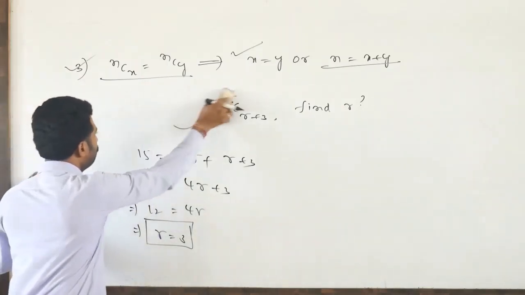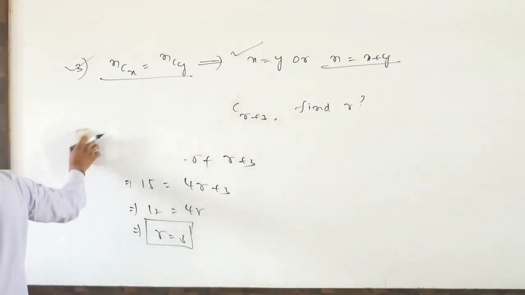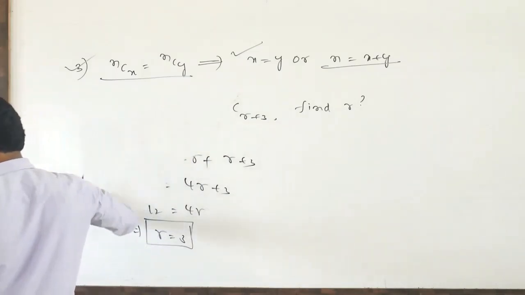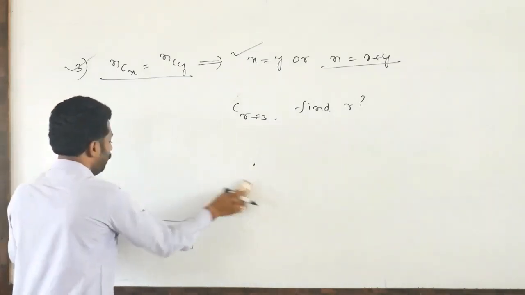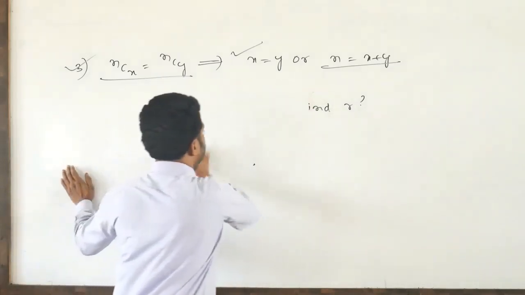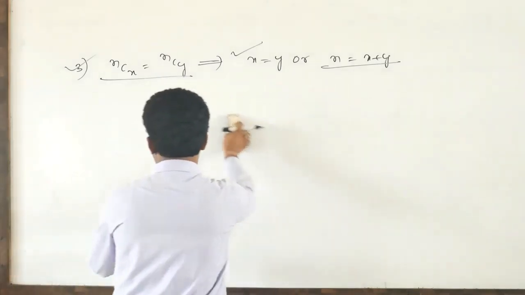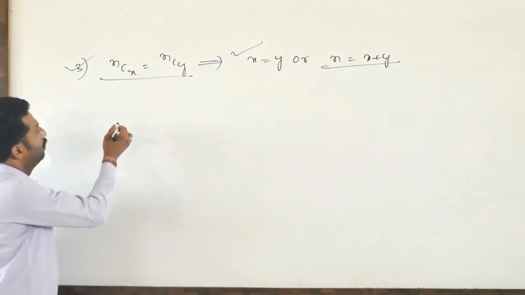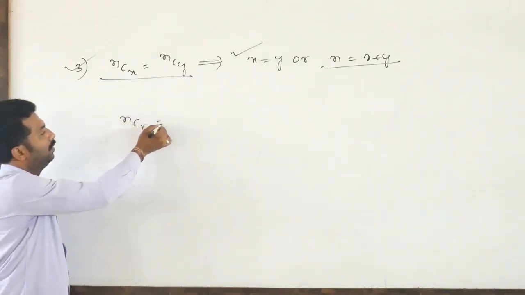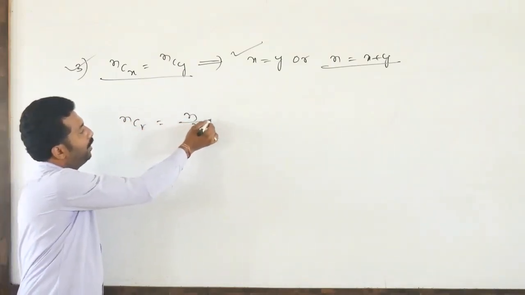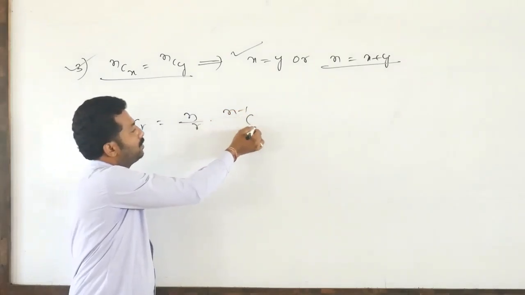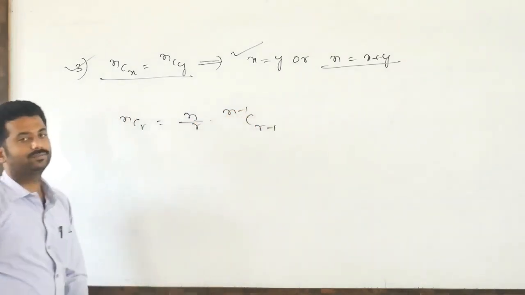Next property: nCr is equal to n by r into (n minus 1)C(r minus 1).